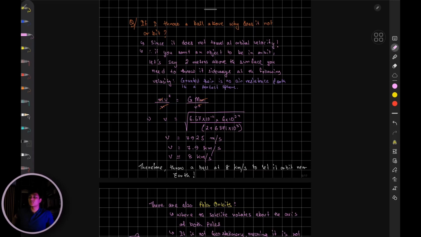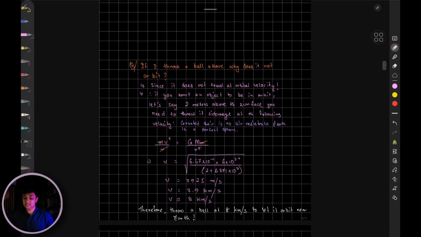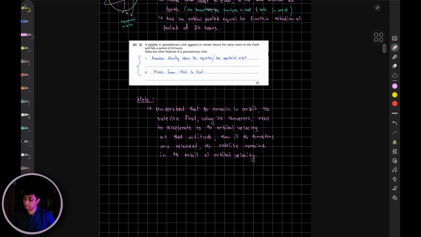Why does it fall towards the surface of Earth after a certain point? Whereas a satellite keeps orbiting. I sort of answered this in the previous part, that it needs to reach a certain orbital velocity before it can continue its orbit around Earth.